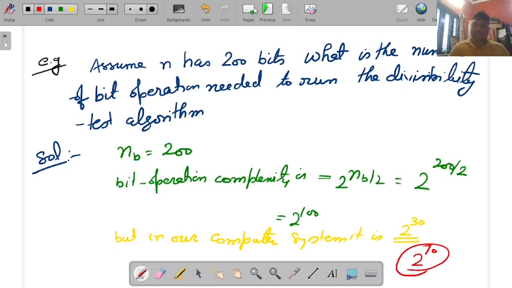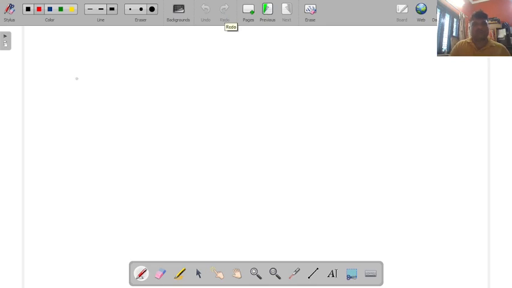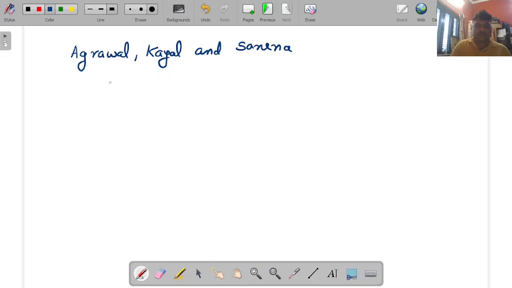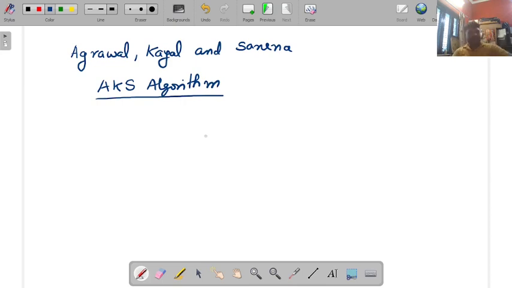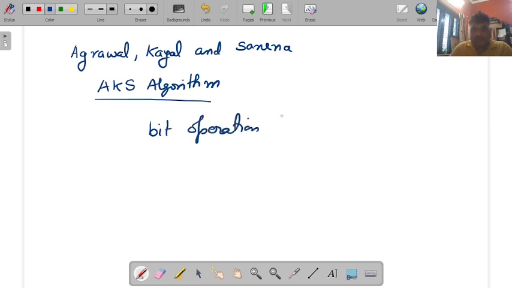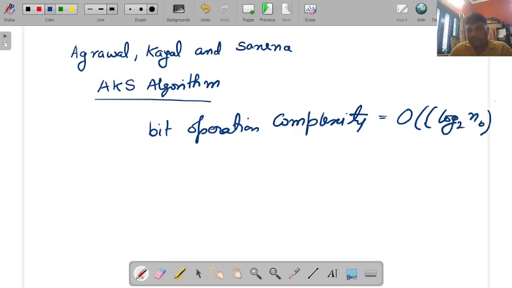To overcome this problem, a lot of researchers worked. Researchers Agrawal, Kayal and Saxena proposed an algorithm called the AKS algorithm for this deterministic approach to the primality test. The AKS algorithm says that the polynomial bit operation complexity is big O of log n base 2 to the power 12.